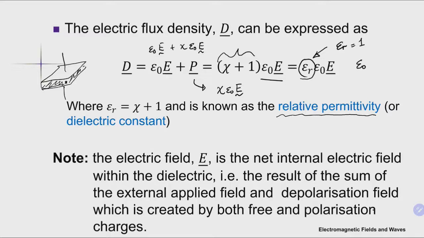PTFE can have a value of 2.2, and there's a range of values depending on the materials. So this is materials dependent. Different materials will have a different value of epsilon r, which tells you that different materials will polarize differently.